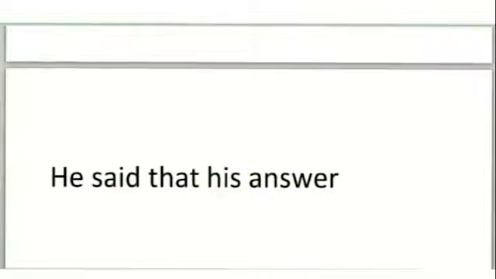Okay, so we'll look at another type of example. This time, the subordinate clause you see is also different from the second and the first. Let us see this example. He said that his answer was correct.